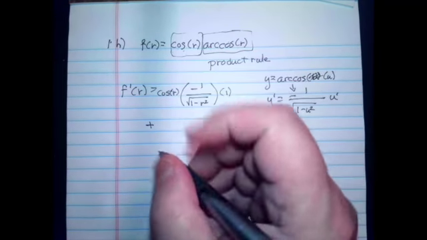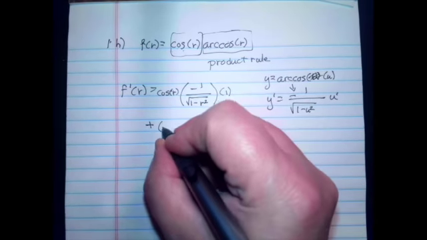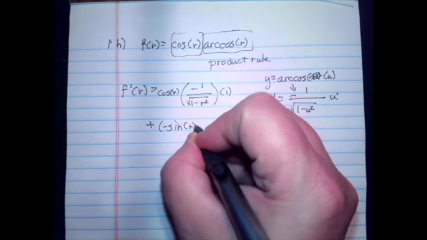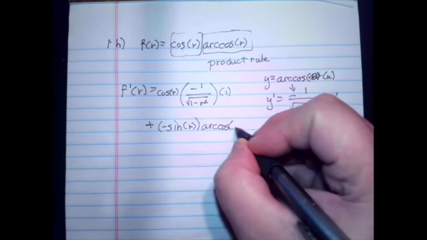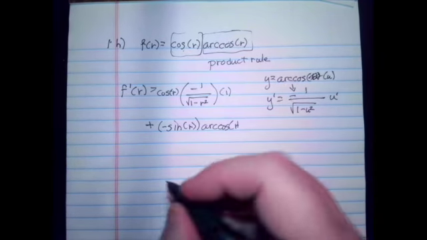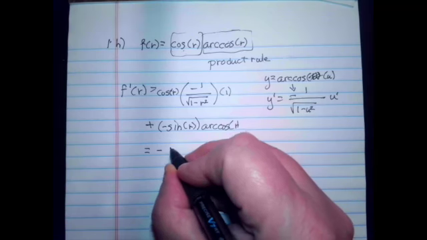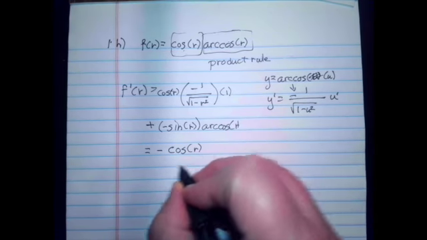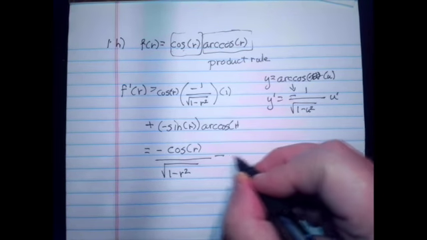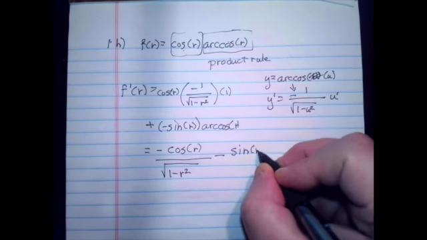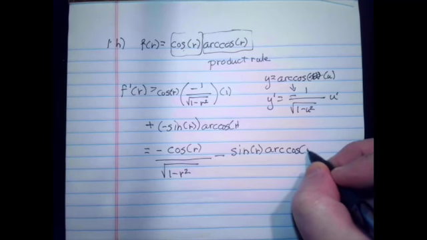Plus the derivative of the first function, the derivative of the cosine is negative sine of r, times the arc cosine of r. We can clean that up and write it as negative cosine of r over the square root of 1 minus r squared minus the sine of r times the arc cosine of r.